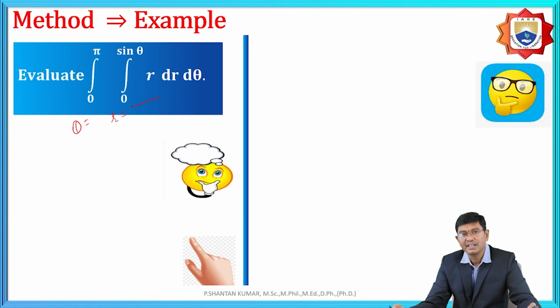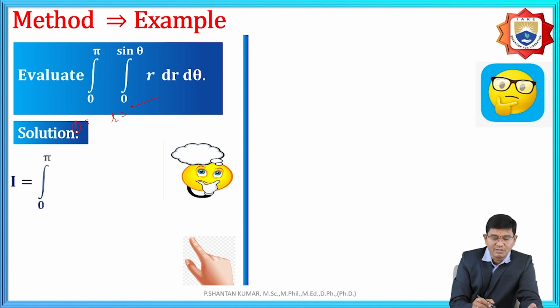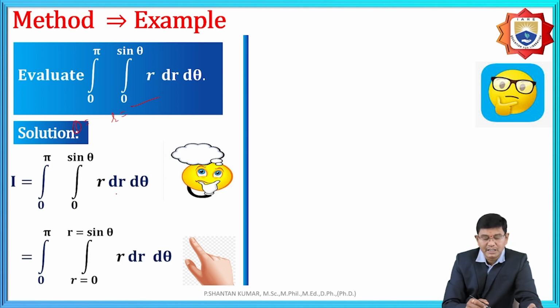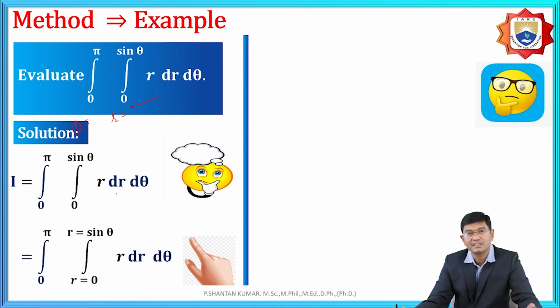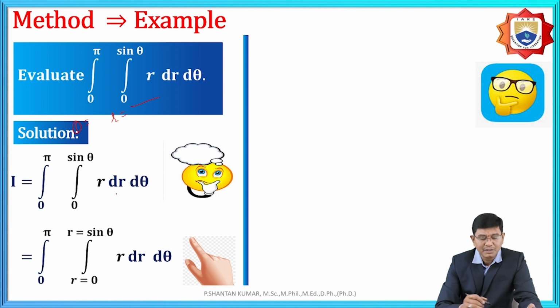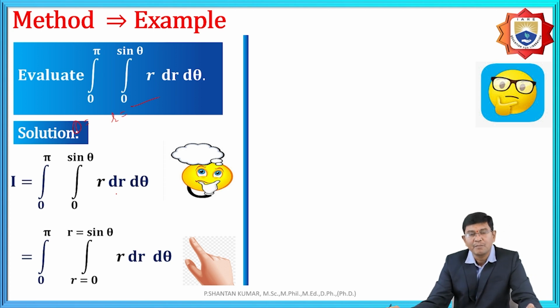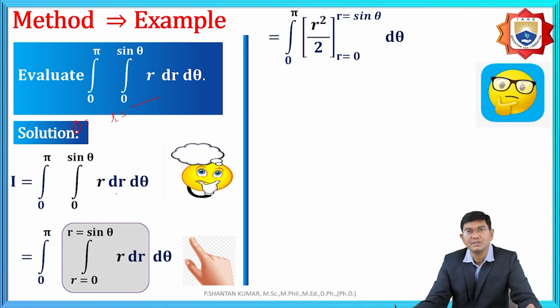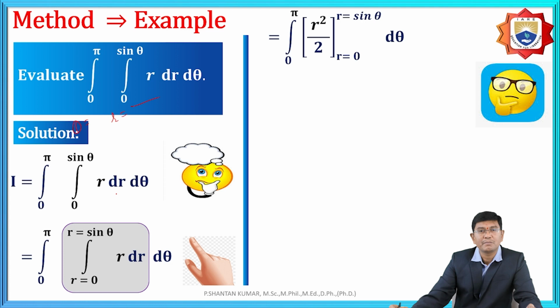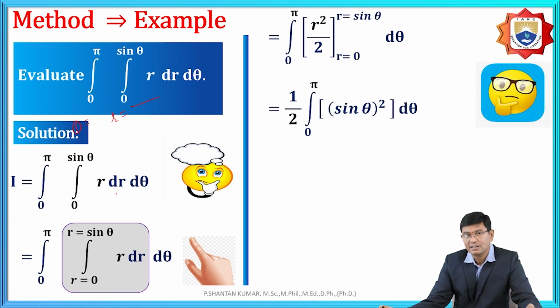Therefore, based upon the integration, r becomes r square by 2. And again, here for r square by 2, the limits are replaced, r is equal to 0 and the upper limit is sin theta. After replacement of the upper and lower limits, r square by 2 gives sin square theta by 2 as the value, because the lower limit is 0.